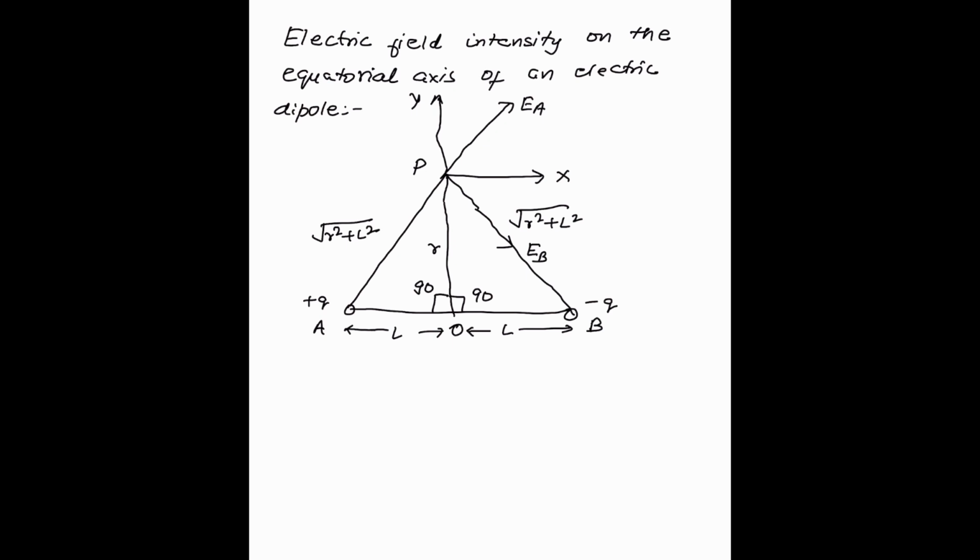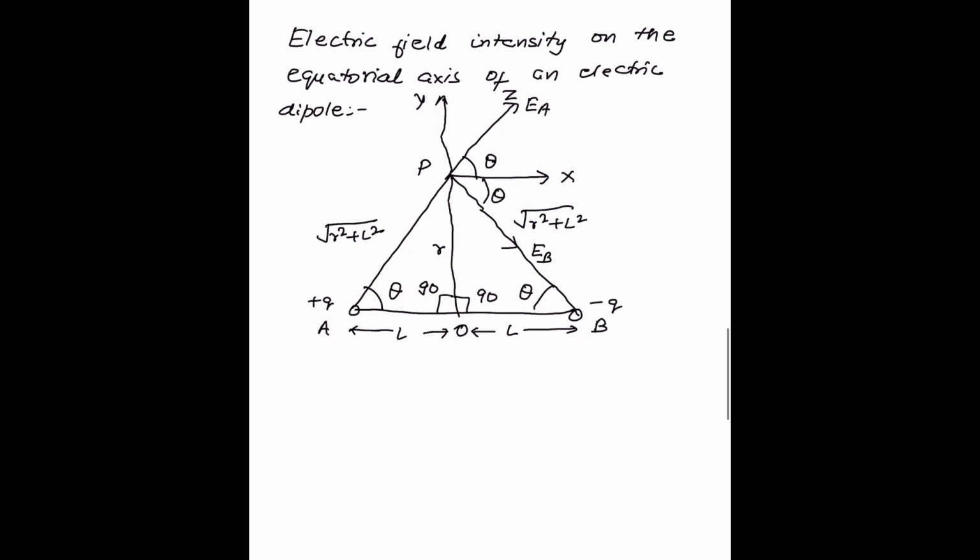Now if the angle PAB is theta, and if I take this point to be Z, then ZPX will also be theta, being corresponding angles. Similarly, the angle PBA is theta, because triangle APB is an isosceles triangle. So the angle XPB will also be theta, being alternate angles.